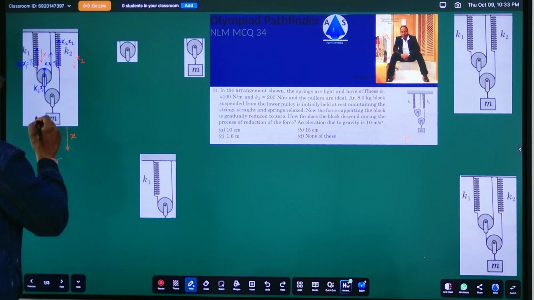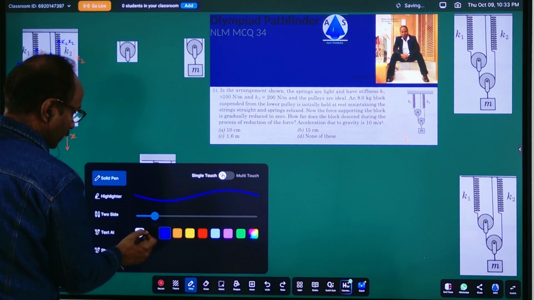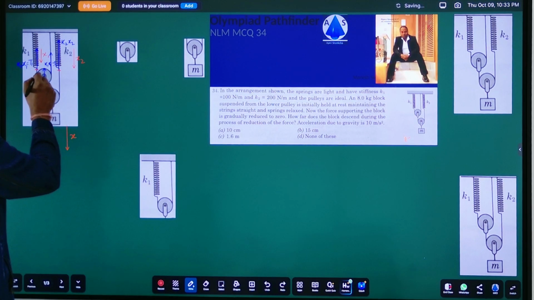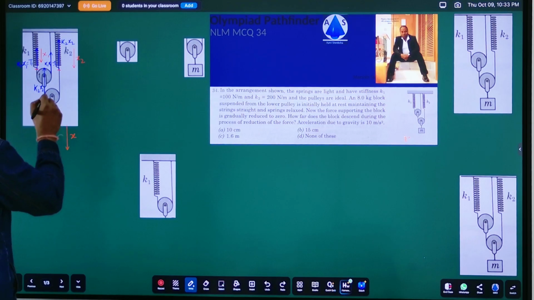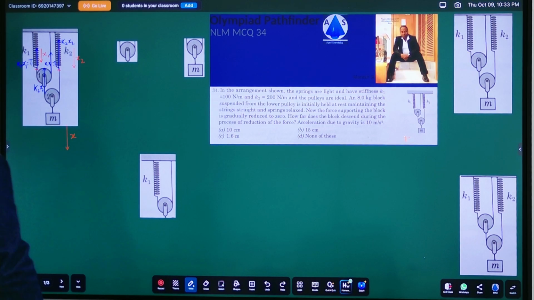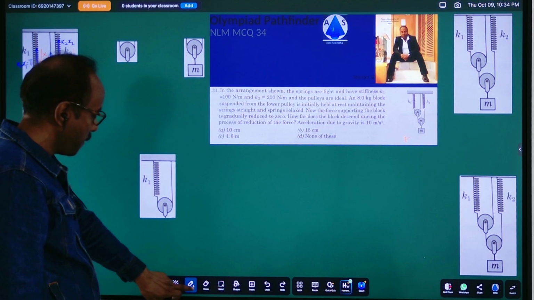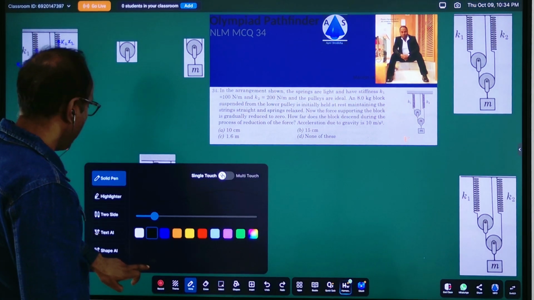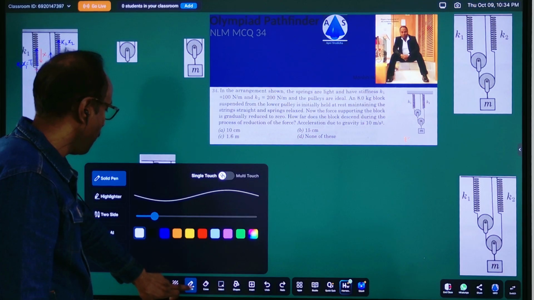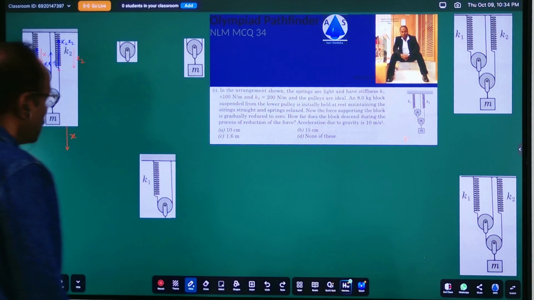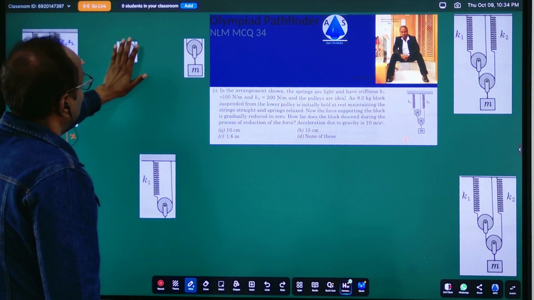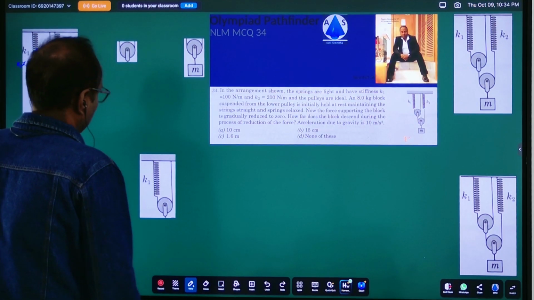Let us give names to these pulleys for convenience. This is your number 1 pulley, this is your number 2 pulley. This one is number 1 pulley.